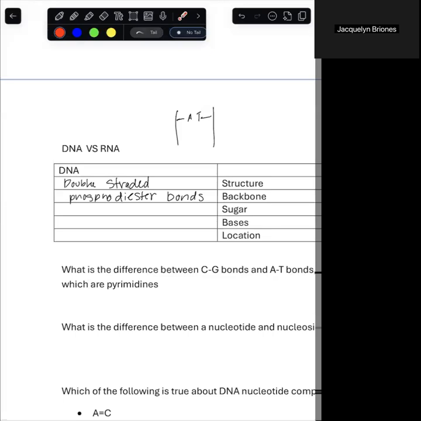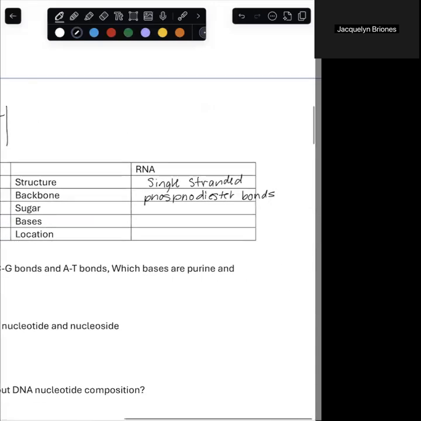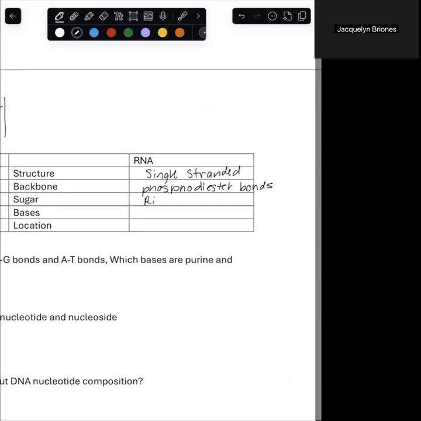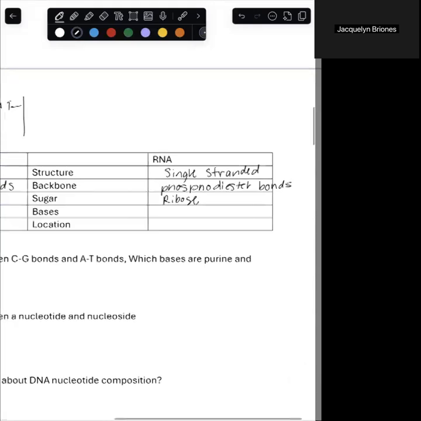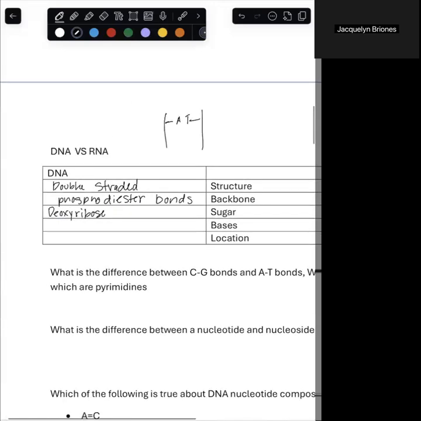So remember that when we talk about base pairing versus backbone pairing. And then sugar, also an important differentiation: we have deoxyribose in DNA, and just ribose in RNA. Hence the name RNA and then DNA, deoxyribose.